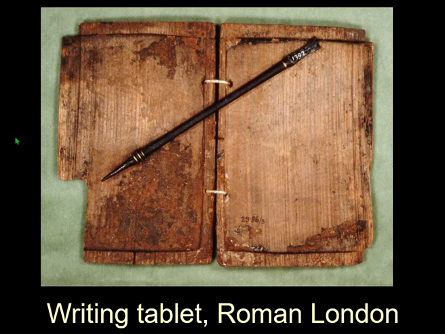And this is a stylus. This is a metal one. Looks like it's made of steel with brass bits. And so this wooden thing would be filled with wax, blackened wax, and you would write on it. Sometimes they actually get inscriptions still in the wood, which have been carved right through the wax into the wood underneath.